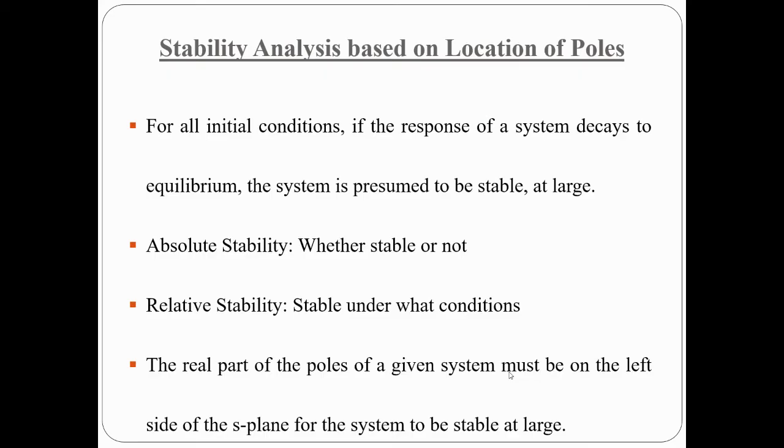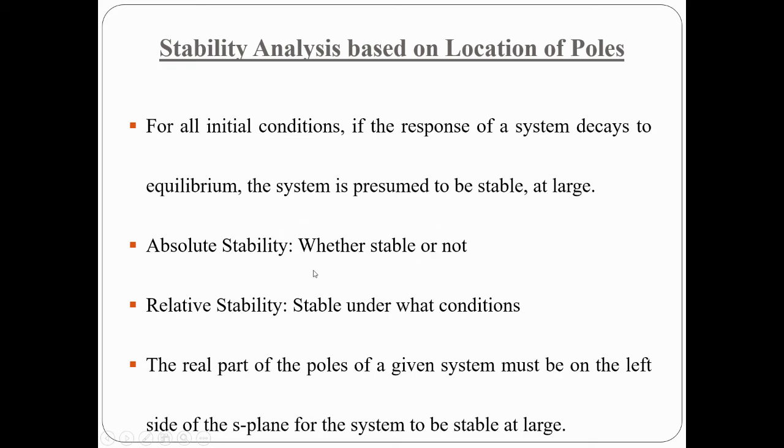Now, that is mentioned in the stability analysis based on the location of the poles. It is said that for all initial conditions, if the response of the system decays to equilibrium, the system is presumed to be stable at large. There is absolute stability, whether the system is stable or not, and relative stability, stable under what condition.